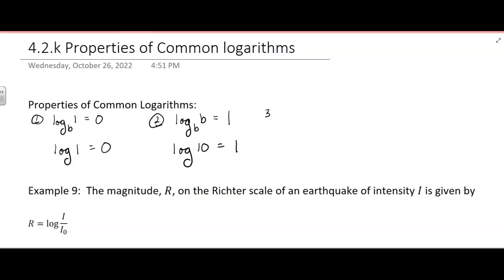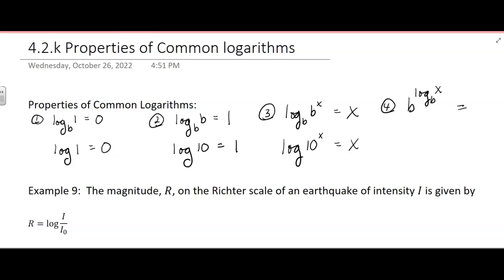All right, and our property 3 says if you have log base b of b to the x, that just equals x. So for a common log, it would look like log of 10 to some exponent x, which is going to just equal x. And then property 4: if you have b to the log base b of x, that just equals x.